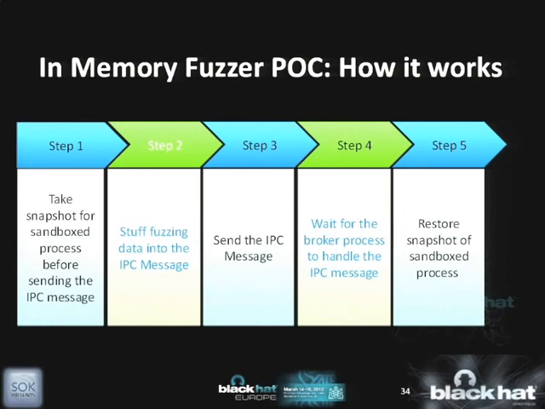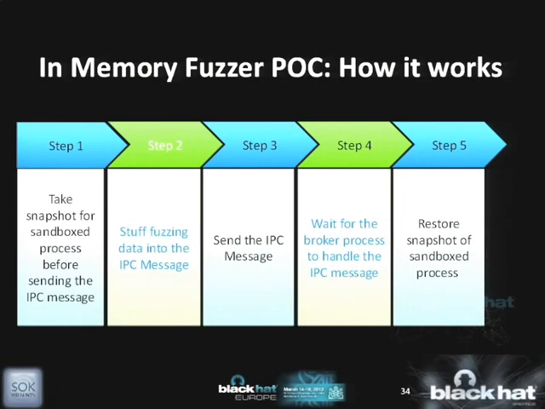So with some debugging library, you put a breakpoint. You take a snapshot of the process right before the IPC message is sent. Like we did manually earlier, you stuff fuzzing data into the IPC message: the tag you want to edit, then parameters according to the types of parameters you want.